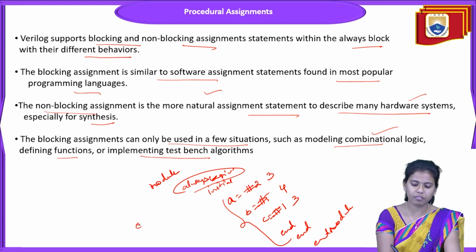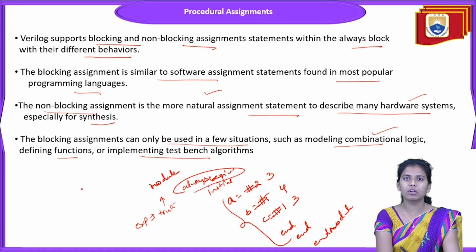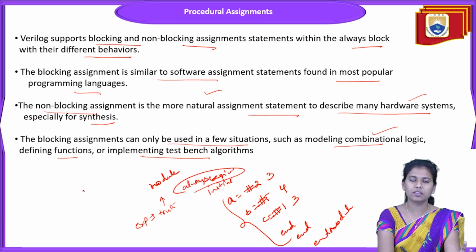The Boolean expression is observed from the truth tables, isn't it? From the K maps. So in order to define the functions, we go for the blocking assignments, or also implementing test bench algorithms. In behavioral modeling, which is a high level of abstraction, basically the blocking assignments can be used.